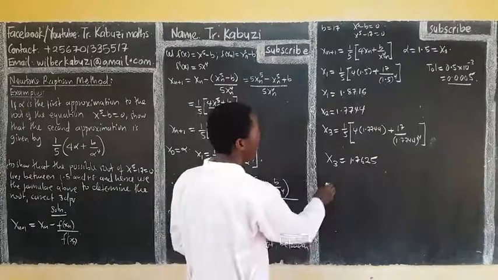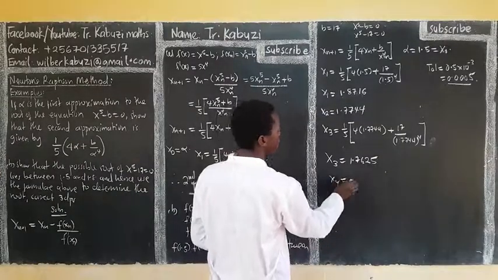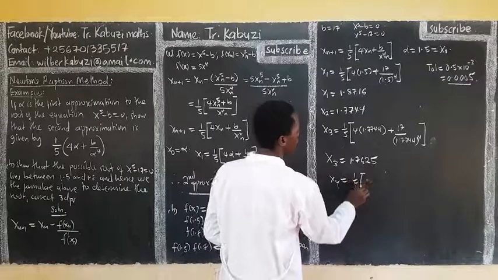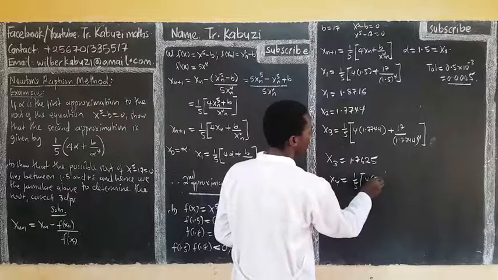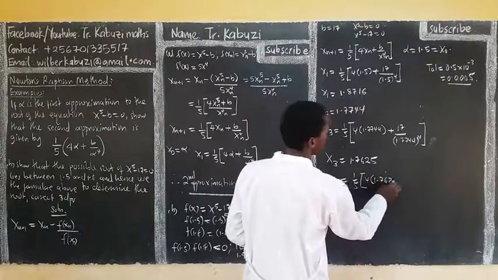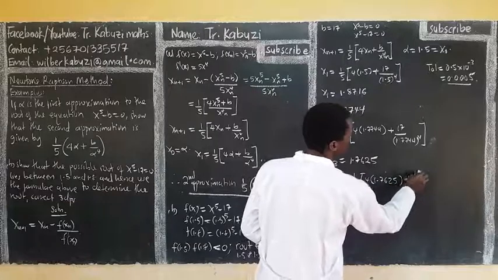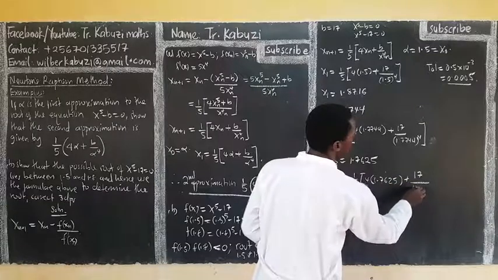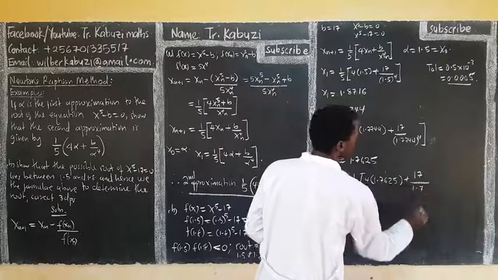So checking for my x4, it's going to be 1 over 5 into 4 times 1.7625 plus 17 over 1.7625, the whole power 4.